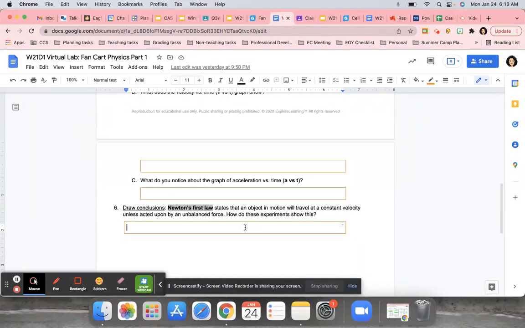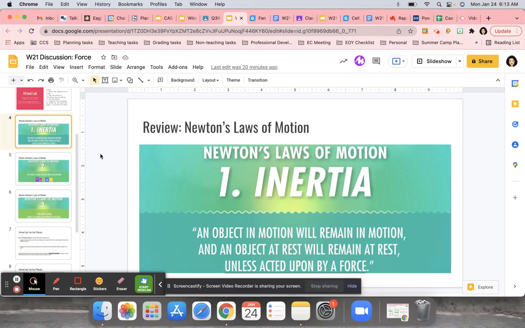Did it change in velocity or did it not change in velocity? Because what we're trying to prove here is the first law. An object in motion will remain in motion unless acted upon by an unbalanced force.